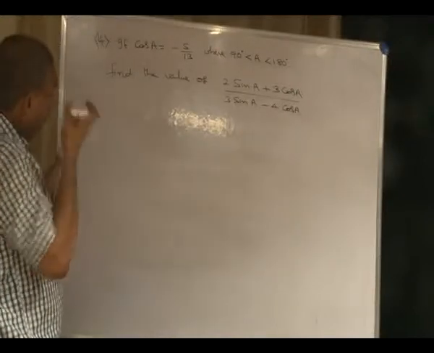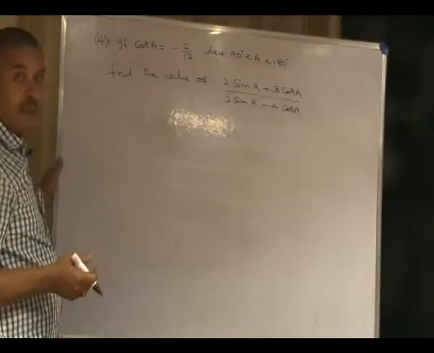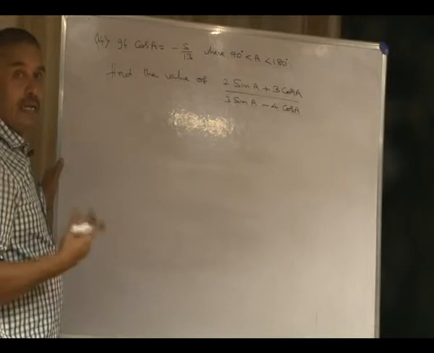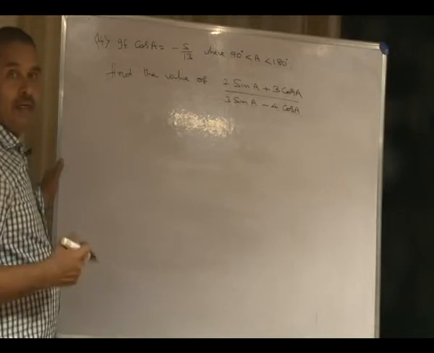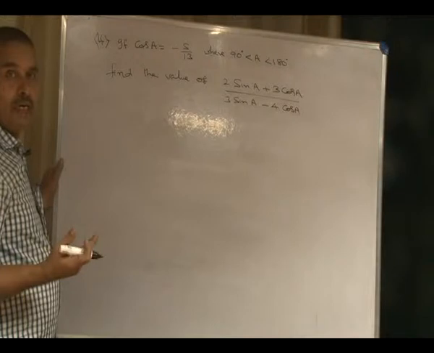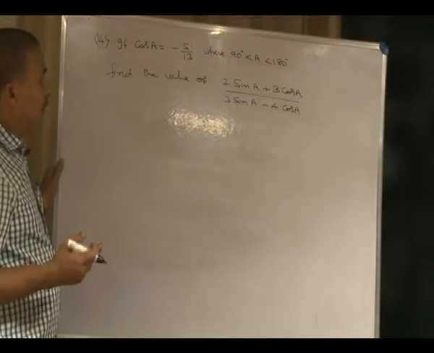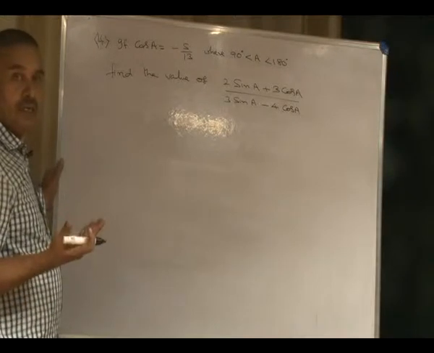Here cos A equals minus 5 by 13 is given, where 90 degrees is less than A less than 180 degrees.